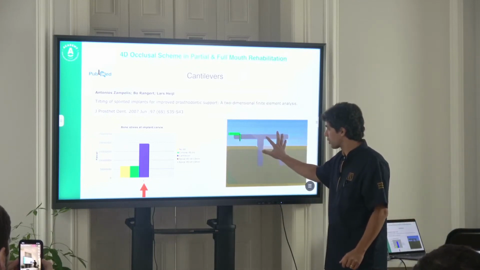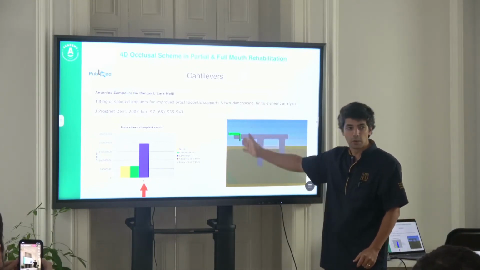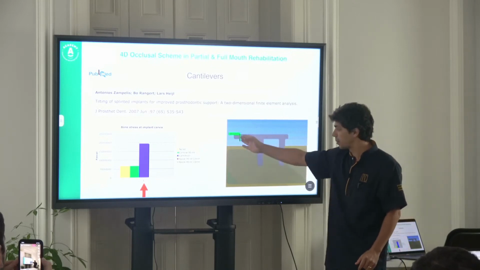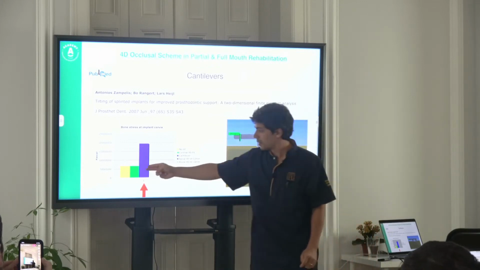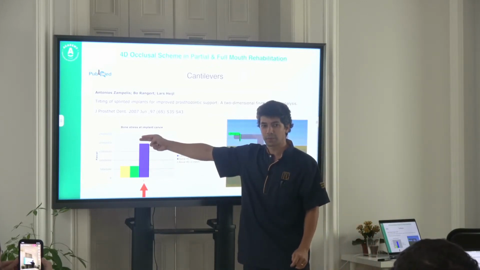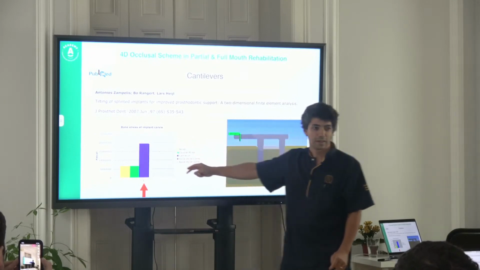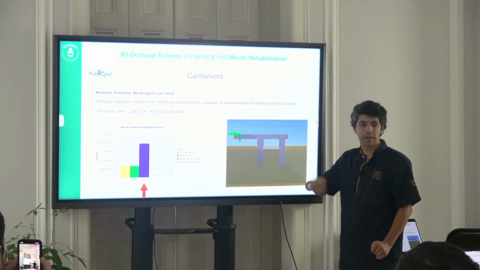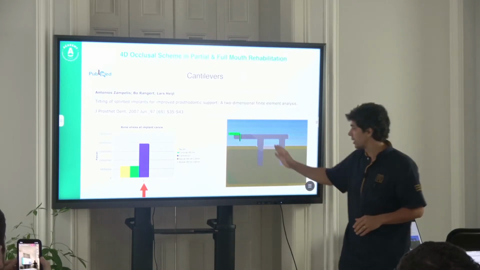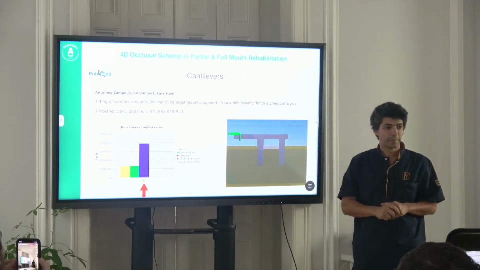When the framework doubles and the load of 50 newtons is on the tip of the cantilever, as you can see, you have 60% more load and more stress at the head of the implant that is closer to the cantilever.